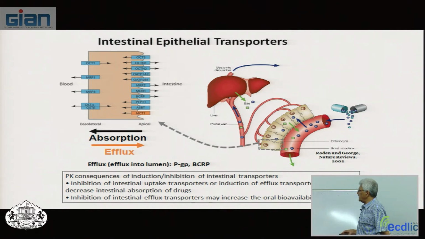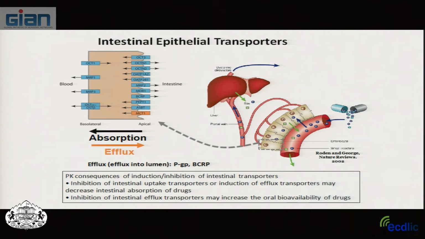So, the pharmacokinetic consequences of induction and inhibition of intestinal transporters. Some of the drugs do induce transporters, like rifampicin will induce PGP expression. So you need to be aware that if you give rifampicin, you are going to get induction of P-glycoprotein. And the inhibition of intestinal uptake transporters or induction of efflux transporters may decrease the absorption of drugs.